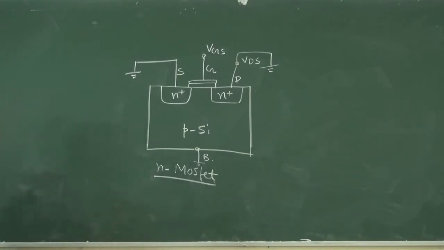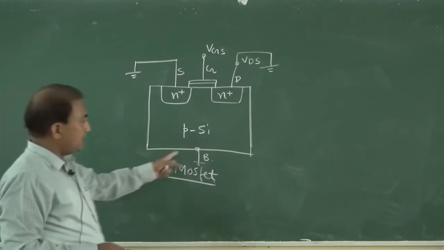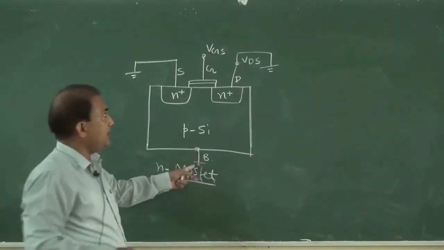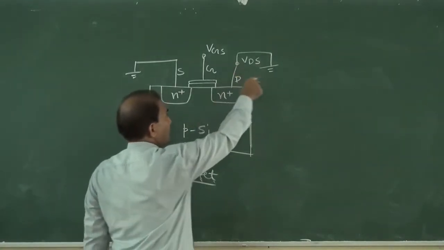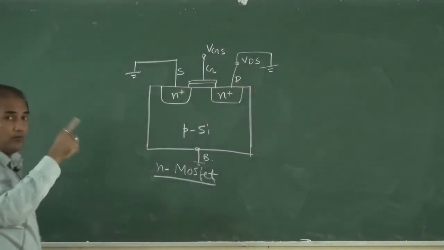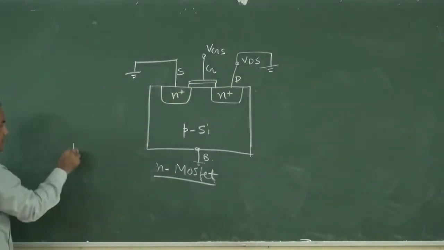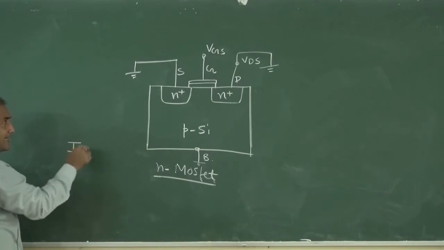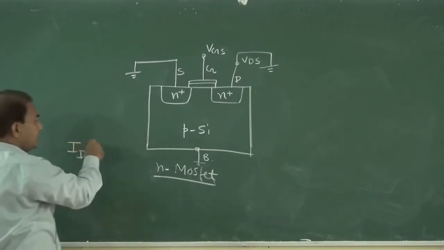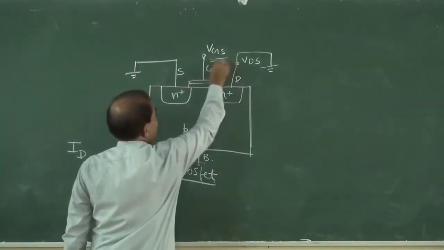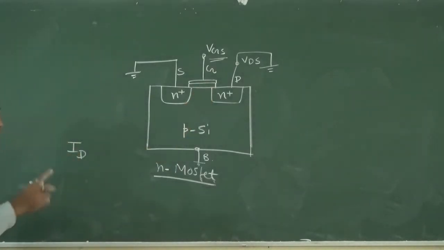Now, if we connect the body to ground and again the drain terminal to ground, then we see the effect on ID by the application of VGS only. How can we relate this?